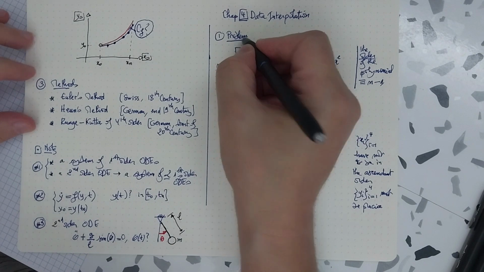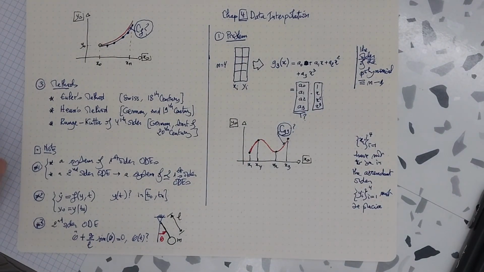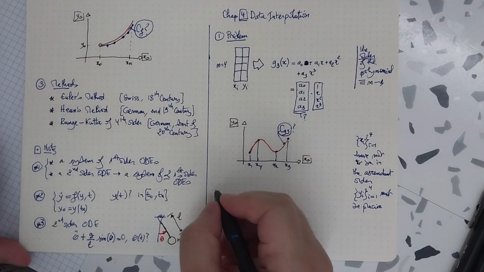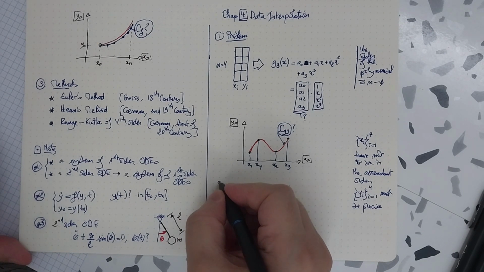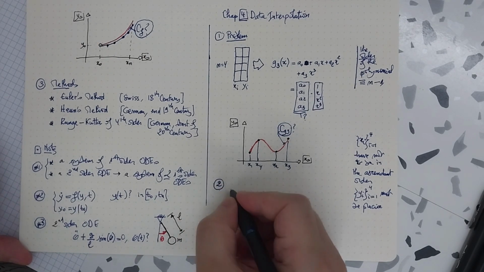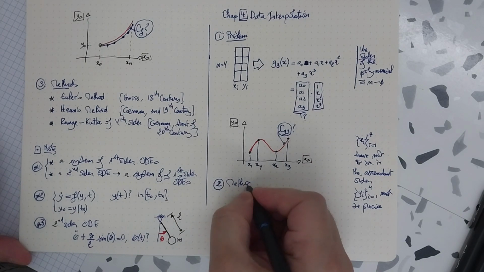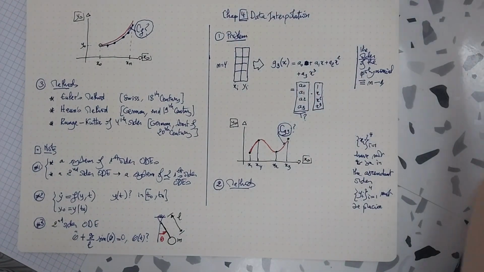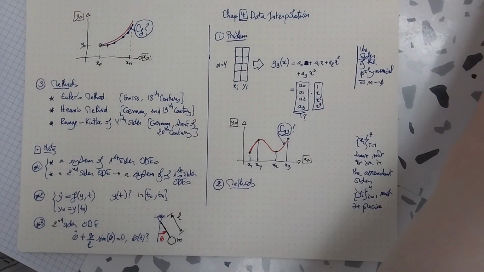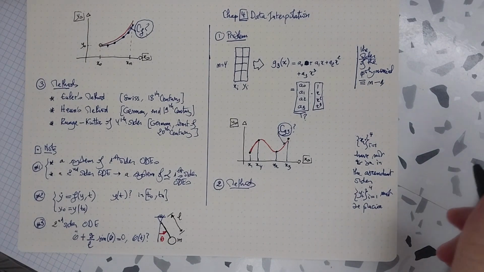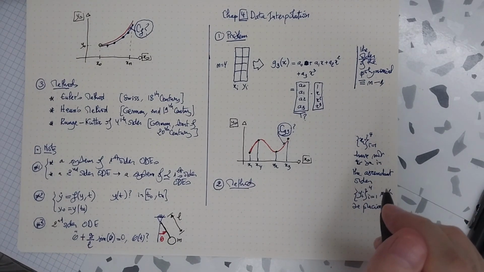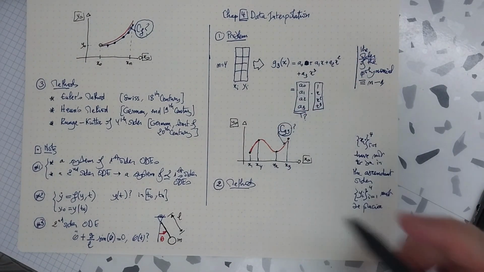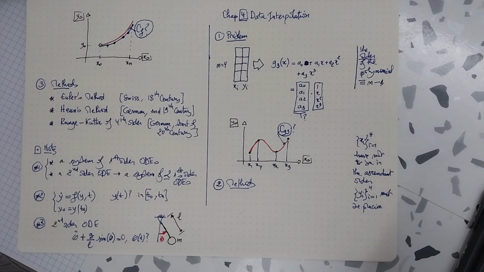Now let's see the methods. There are actually two categories of methods.